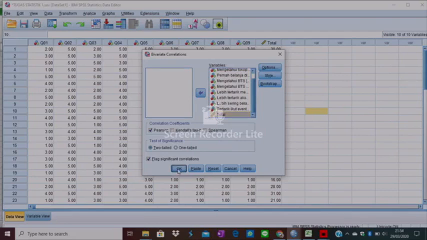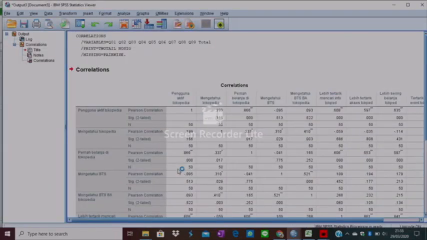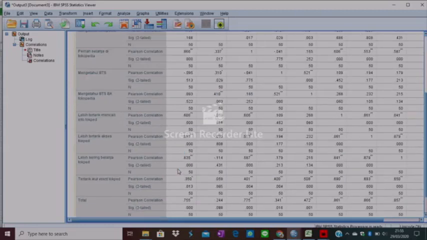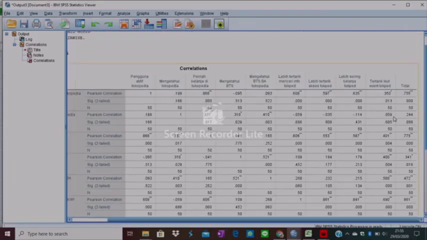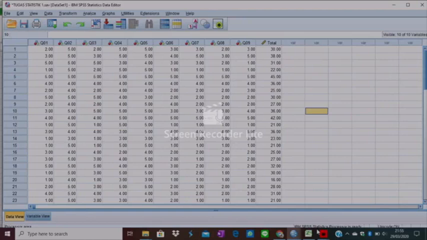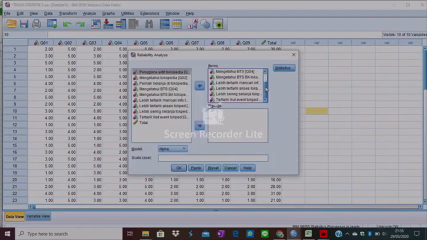And this is about validity. Next, to analyze reliability, click Analyze and Scale. Next, Reliability Analysis, and then move all of the variables and click OK.